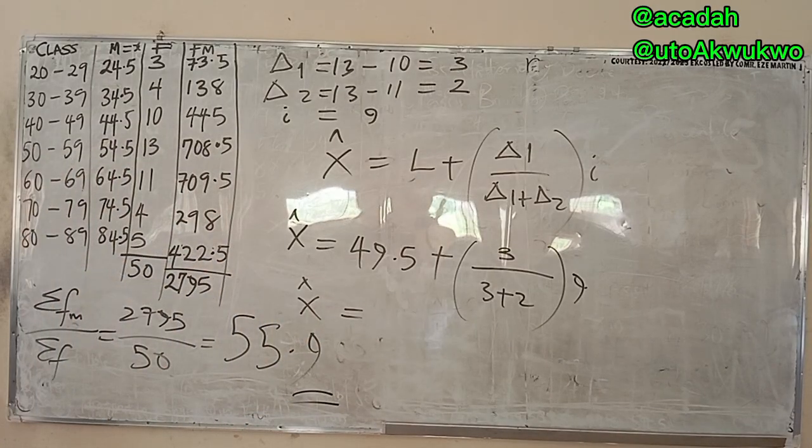This is how you find the mode. Some students will just say the mode is 13 or 50 to 59, and you will get it wrong. The reason is that they expect you to know this formula, or to use your histogram.